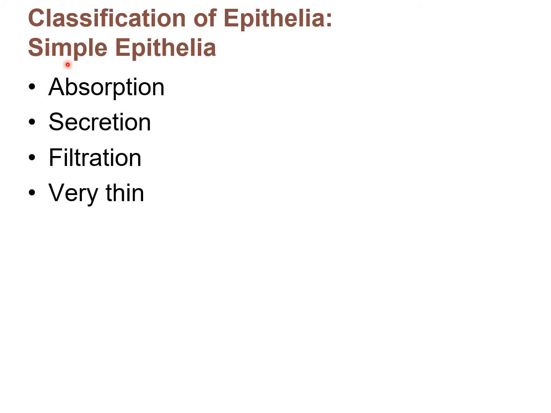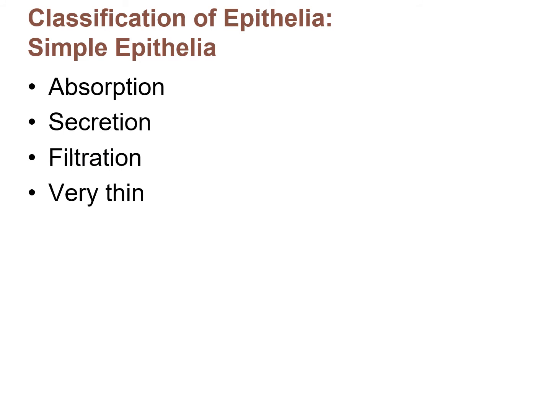So what's the function of simple epithelial tissues? Because they are very thin, they are going to allow molecules to diffuse easily through them. And so you're going to have them in areas where absorption is taking place, where filtration is taking place, where secretion is taking place. So in regions where, for example, filtration is taking place, you are not going to have a stratified epithelial tissue.